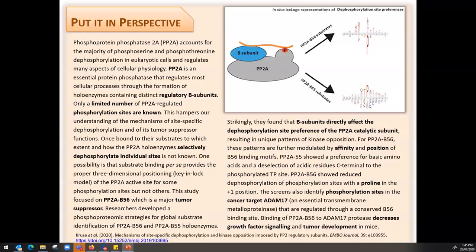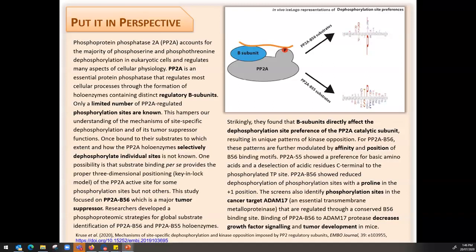It is believed that there is some kind of key and lock model for how the PP2A active site selects some phosphorylation sites and not others. This particular study by Cruz focused on PP2A B56, which is known to be a major tumour suppressor.